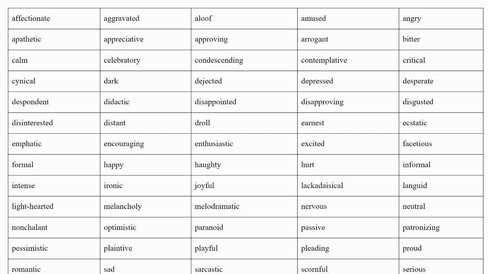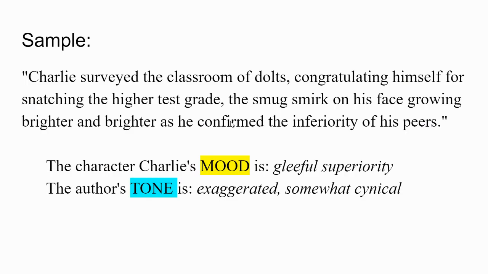The words that we often associate with tone are enthusiastic, encouraging, cynical. That was one of our vocab words from the last piece of literature. It can be formal, emphatic, condescending, sarcastic, pleading. So they're just different words that we associate with tone.